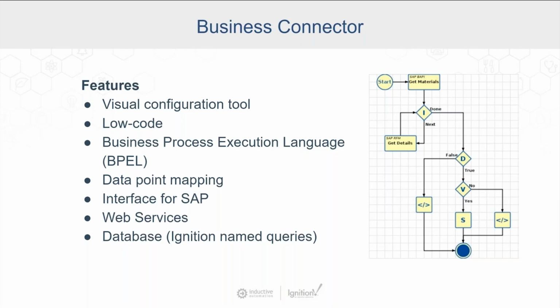And we have everything from very specific connection capabilities like BPEL or connections to SAP, or we have more general modules for REST APIs and SOAP APIs for interfacing with all different types of systems. I've talked about this as point mapping and bringing data into the MES systems, and this can go to any module.